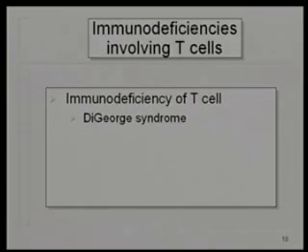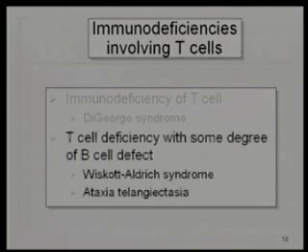An example of a purely T cell defect, where the B cells are normal, is DiGeorge syndrome. It's a syndrome first described by DiGeorge, who observed these. And then there are some other conditions where different degrees of T cell defects are seen, and they are also accompanied by B cell defects.